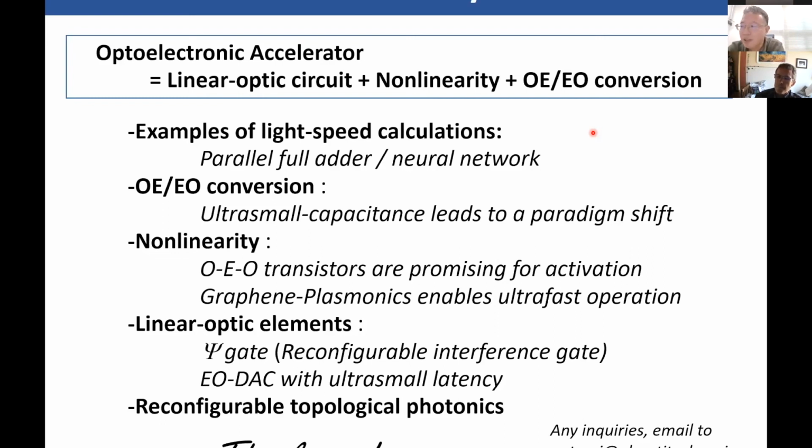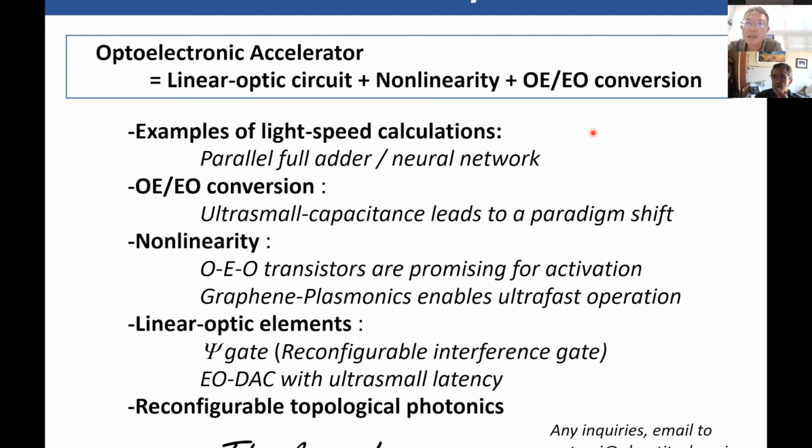But the more serious problem arises if we only use the optical nonlinearity. In that case, normally the signal gain is difficult to achieve. So I think this is a very fundamental limitation of using optical nonlinearities.